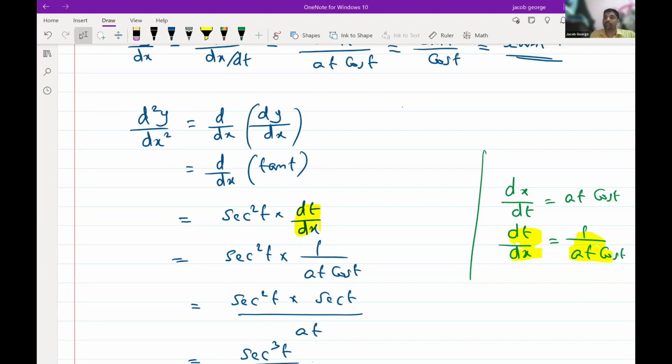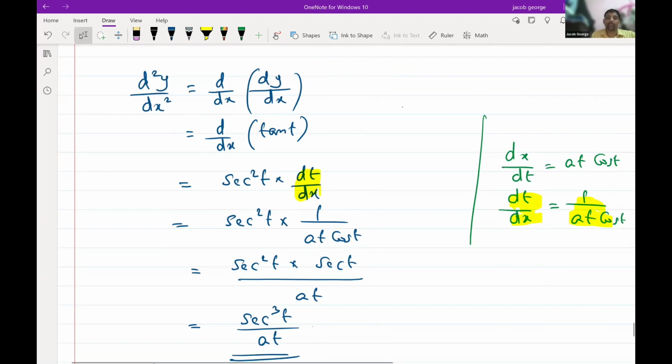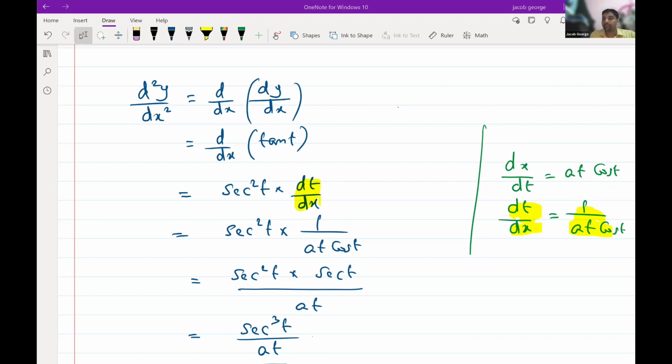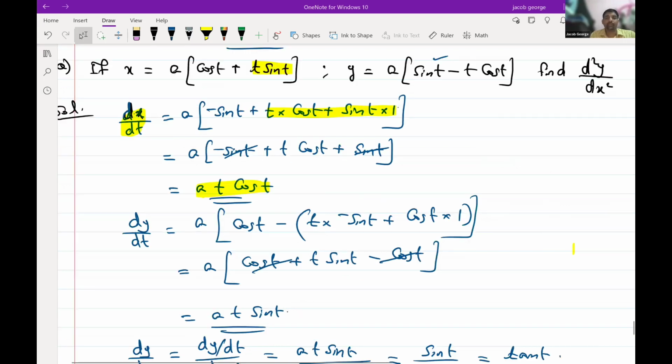Okay, so dt by dx is the reciprocal of dx by dt. So everybody got the clear idea of second derivative? Clear, right? Nathaniel, Tariq, Ranjit, all of you got it clear, right? Yes, sir.